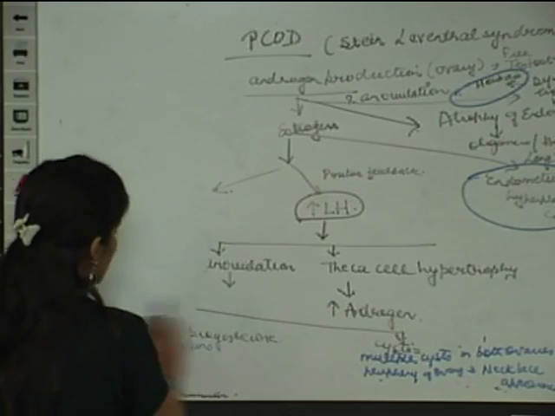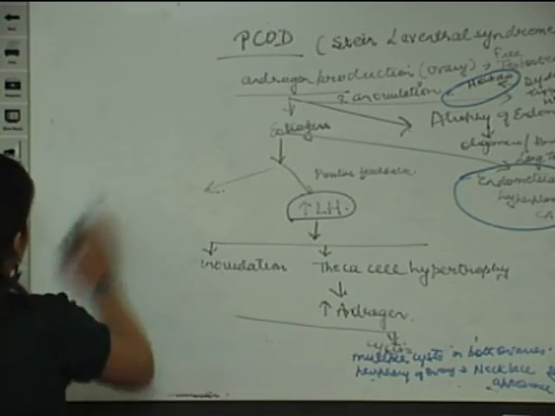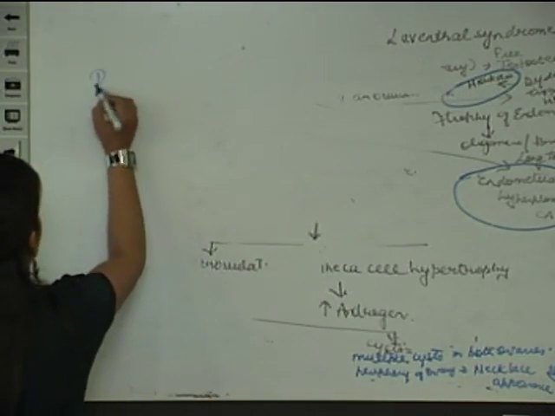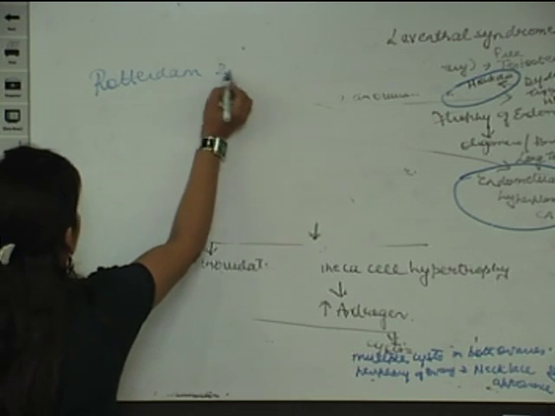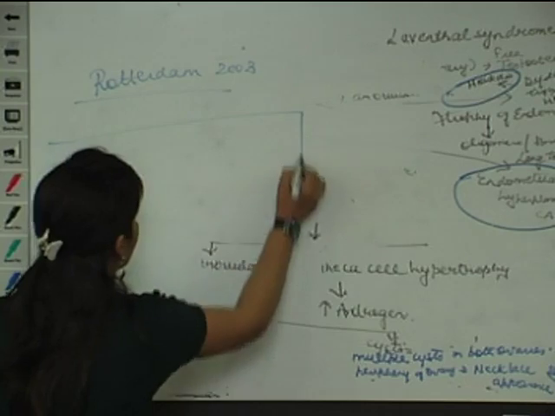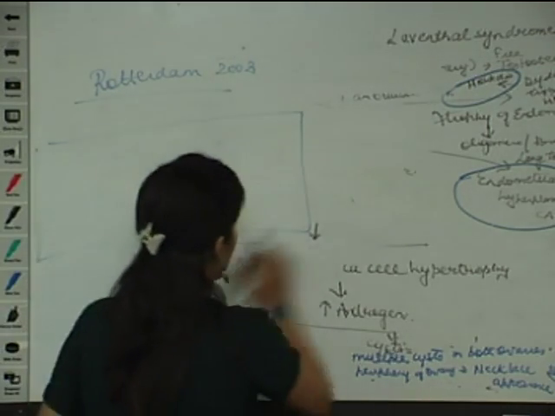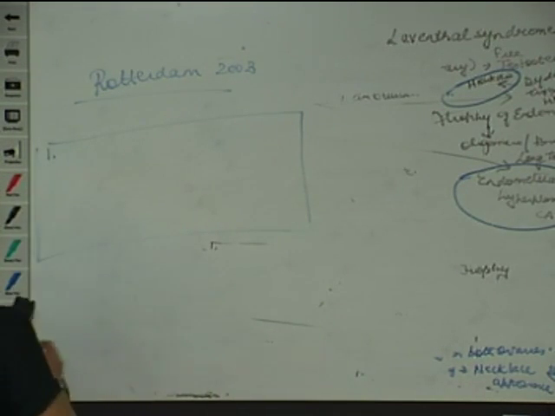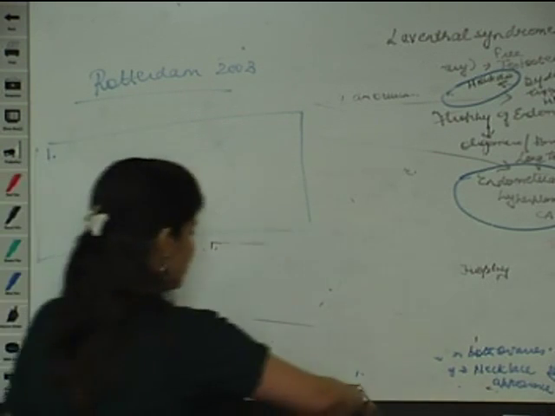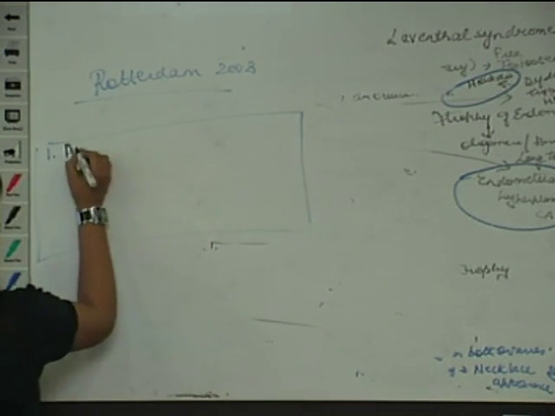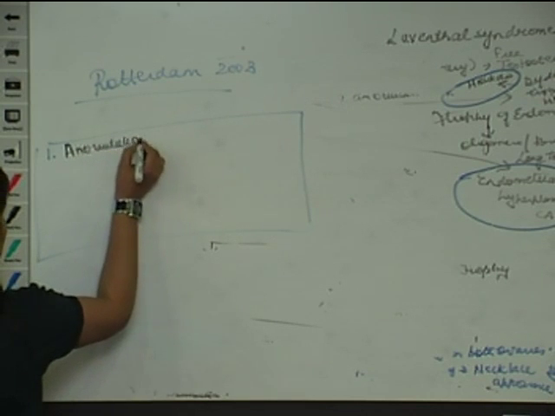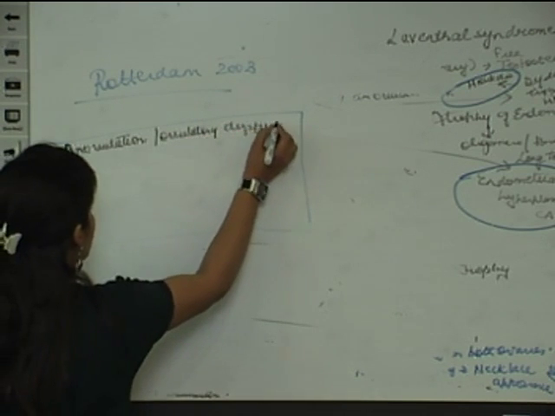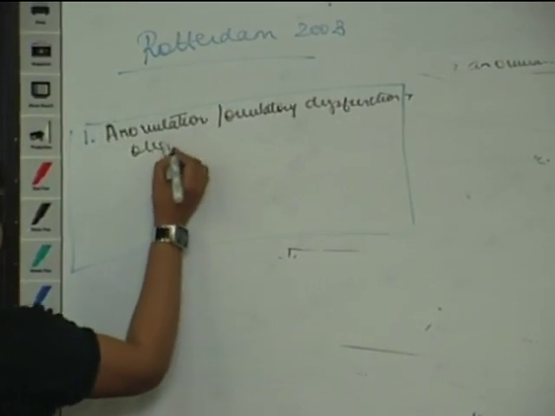Before managing, how do you diagnose a patient of PCOD? For the diagnosis of PCOD, there is a criteria which was given in Rotterdam 2003, which says any 2 of the following criteria should be fulfilled to classify a patient as that of PCOD. Number 1, there should be anovulation, or ovulatory dysfunction, which can be evident by oligomenorrhea or amenorrhea.